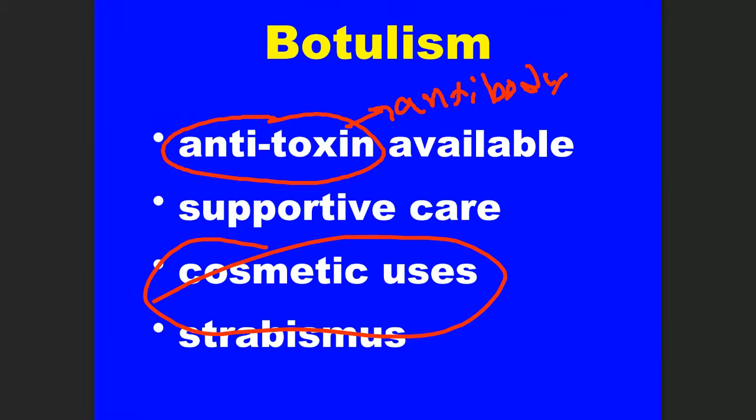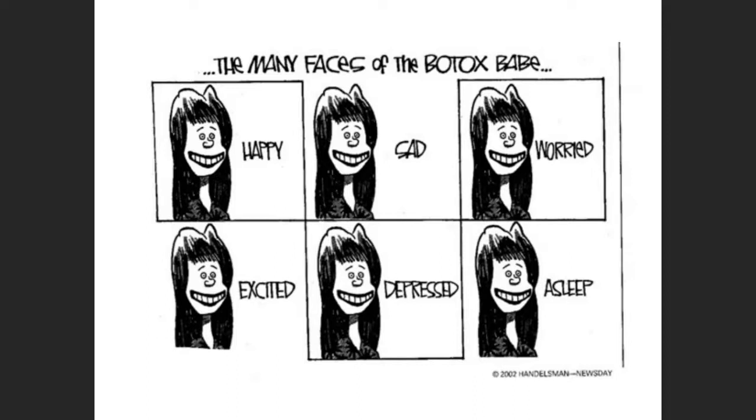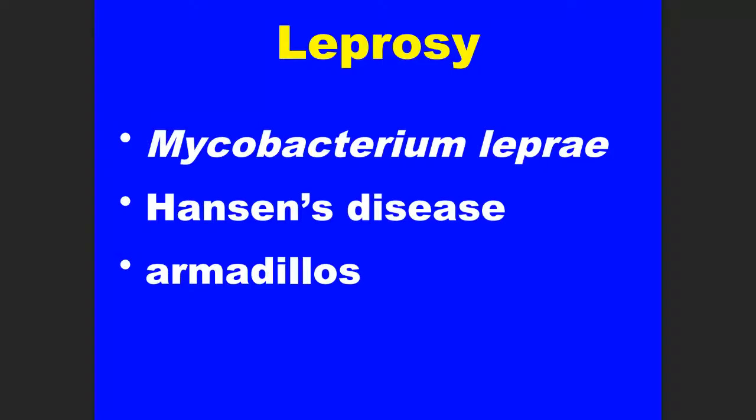It's preventing the neurons in the face from releasing acetylcholine, and the muscles in the face are just paralyzed. And so, a lot of people will use this as a cosmetic treatment, but of course, when that's happened, you can't really tell if the person is happy or sad or worried, because their facial expressions are pretty much paralyzed. You can't tell what they're doing. Okay.